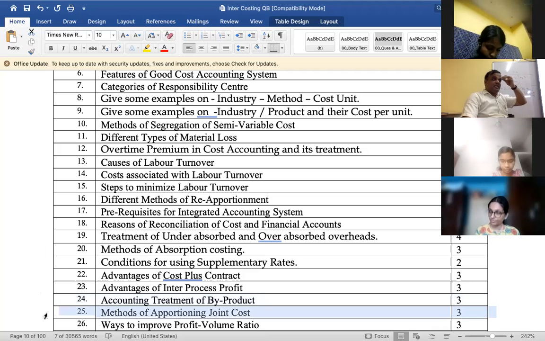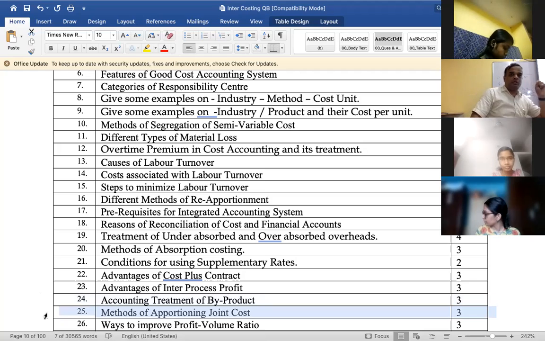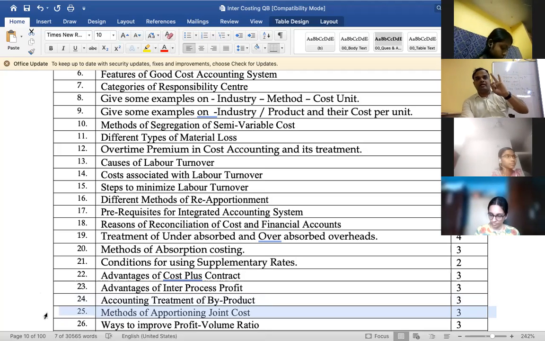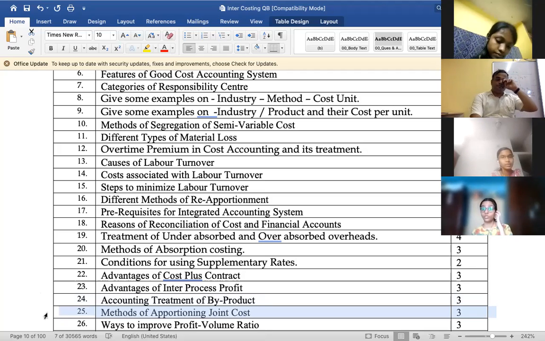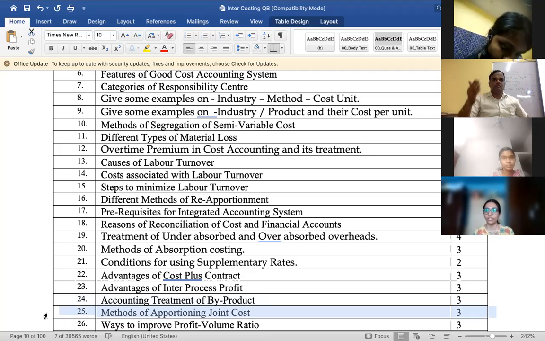There itself we have methods of apportionment of cost, already discussed: physical unit, average unit cost method, technical point method or survey method, contribution method, market value method.